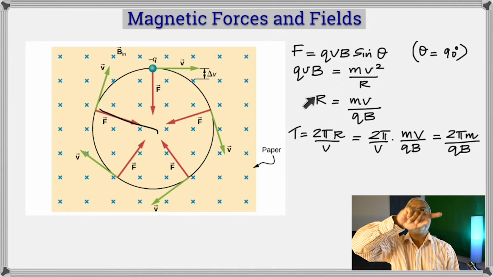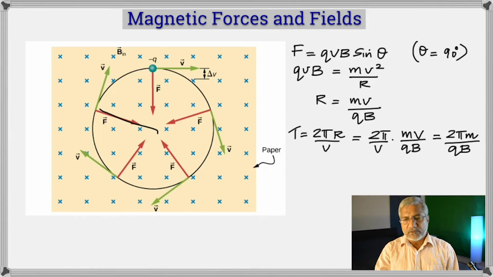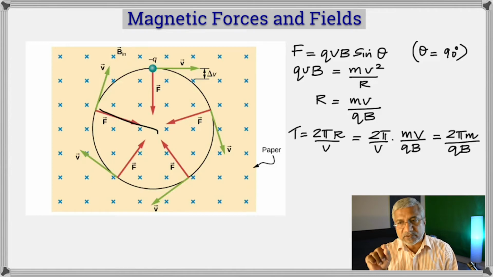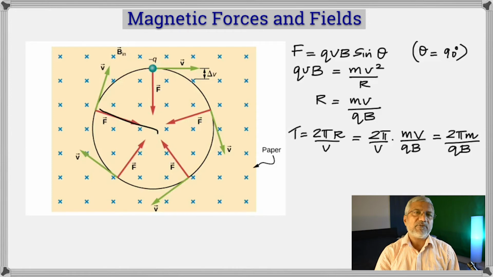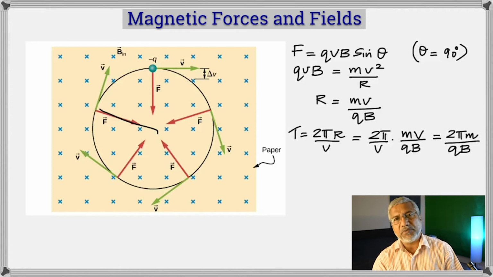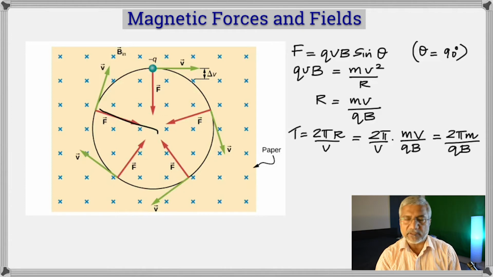If it's coming in slowly, it goes around with a smaller radius. So one case it's a bigger radius with a faster speed, and the second case it's a smaller radius with a slower speed, which kind of makes sense. They will be taking the same time. So that's for time period.